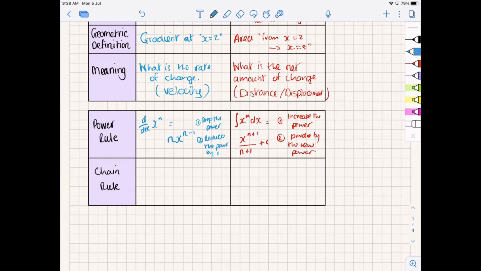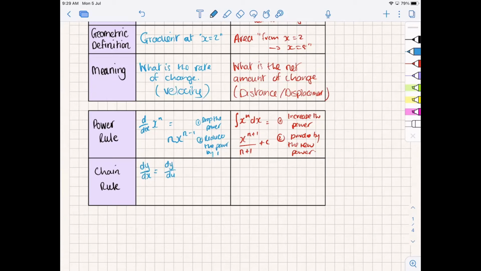Let's have a look at the chain rule. Who can remember what the chain rule was? What did that allow us to do? To differentiate things in brackets, more complicated problems. What was the definition of the chain rule? If I want to find dy by dx, I can change whatever that nonsense in the bracket is into something easier for me to differentiate.